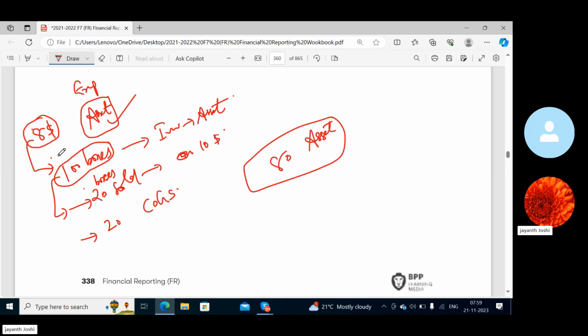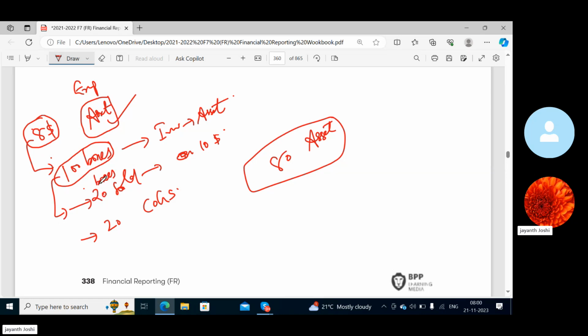Because you have spent money to buy that, right? And as per the matching concept, for every revenue there should be a cost. For every dollar earned there should be some dollar or cents spent, right? So the point here is that the 100 boxes, when we bring them and hold them, are inventory because they will give us future economic benefits. The next day part of this is sold. How much? 20% of it.